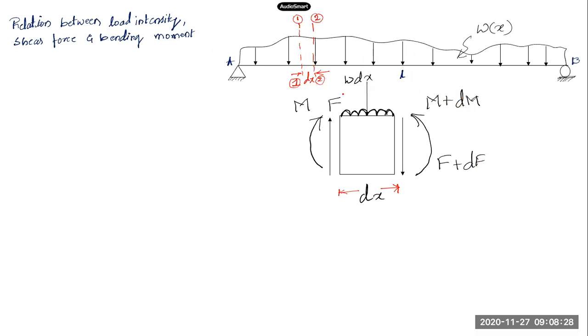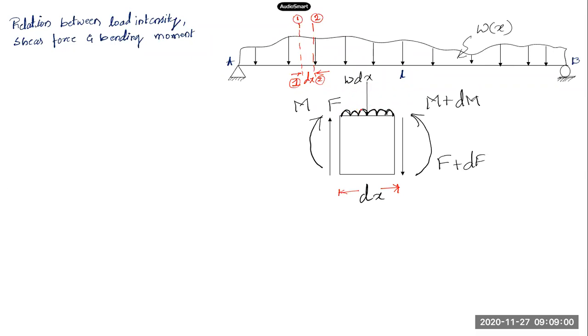If you look at the loading which is coming on this portion dx, for this small portion you can take this load to be uniform. Since the distance dx is very small, the variation in the load, whether it is linear in case of UVL or constant in case of UDL, can be taken to be the same from one end to another.